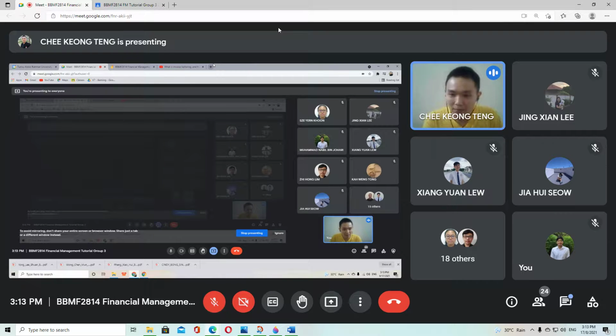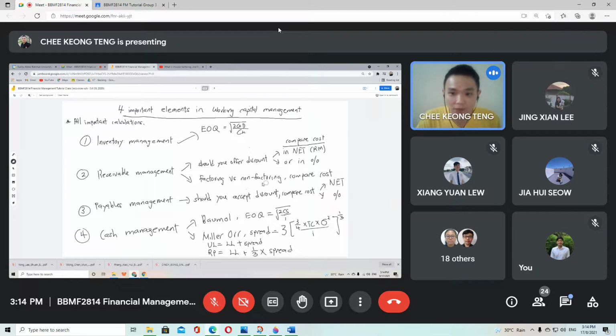So for them, it would be easier. I need to know, because I never taught year 1 before. So how about year 1 students? Have you all learned factoring versus non-factoring before? If you never learned that before, then later I will spend more time to explain.